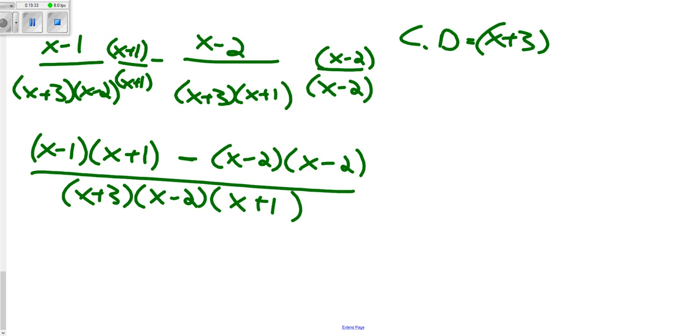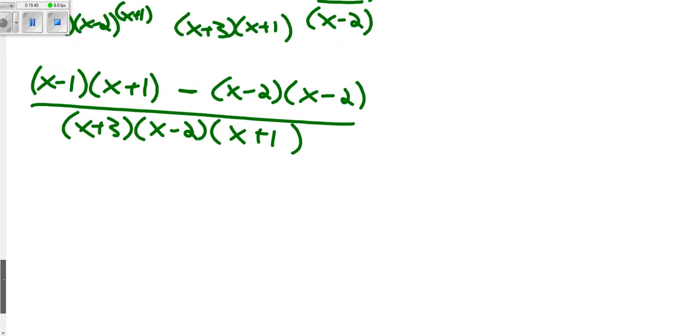I'm not going to show every step this time. I'm just going to tell you what the answers are. x minus 1 times x plus 1, that's just a difference of squares. Then minus x minus 2 times x minus 2, x squared.